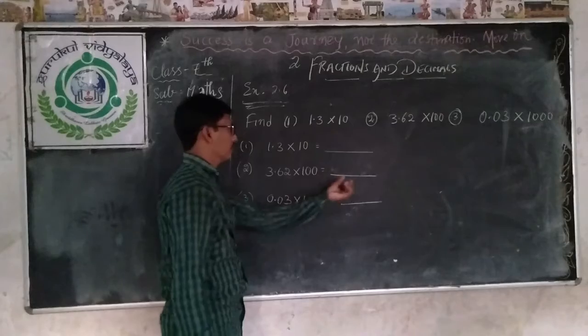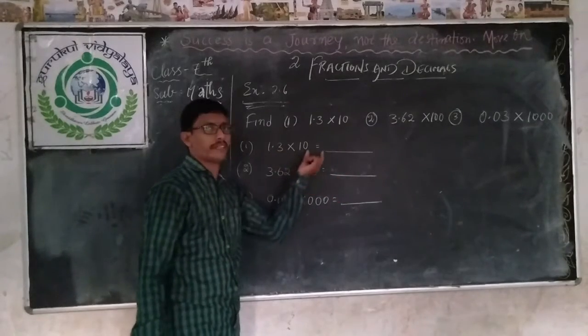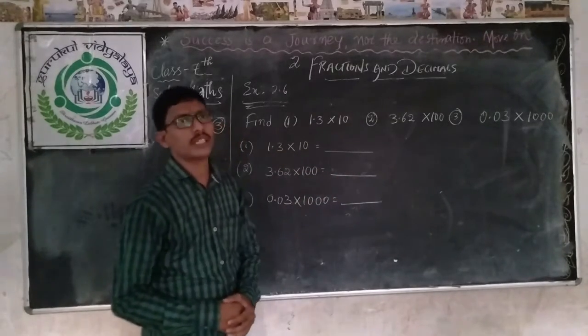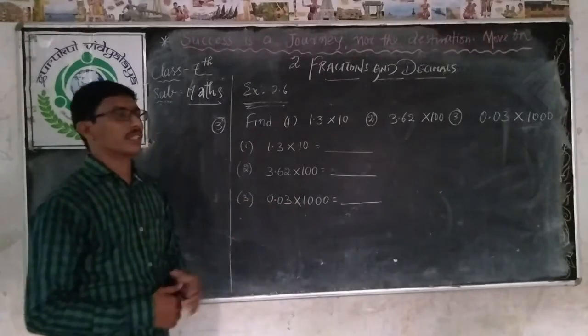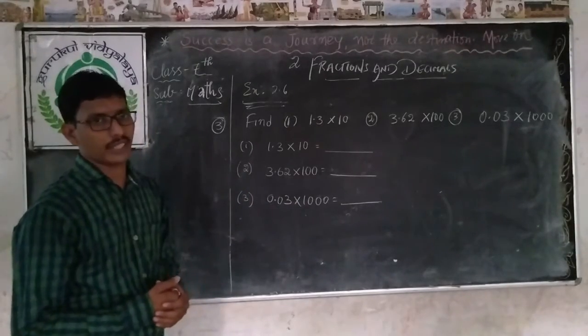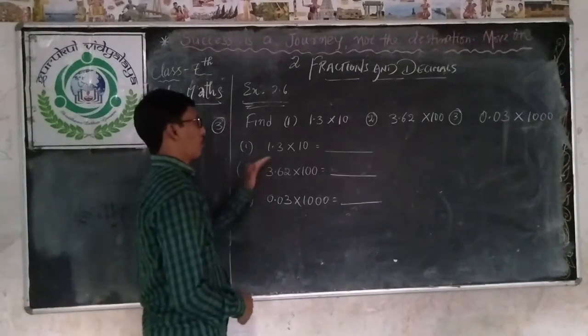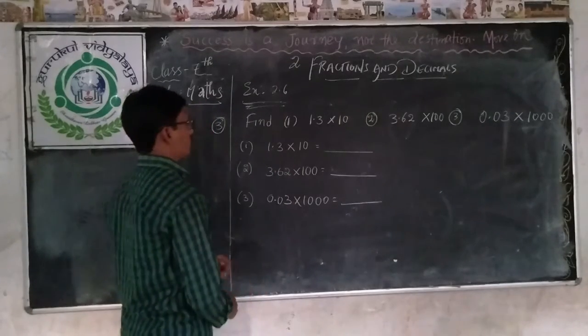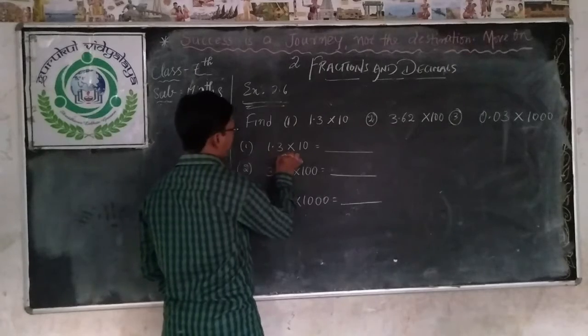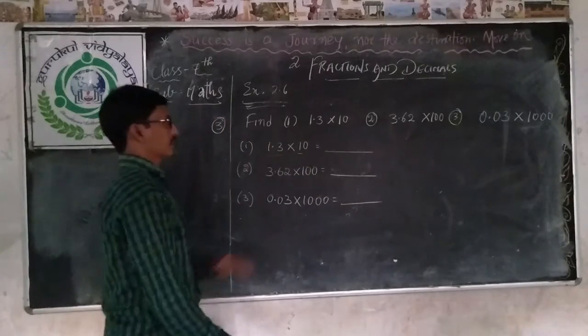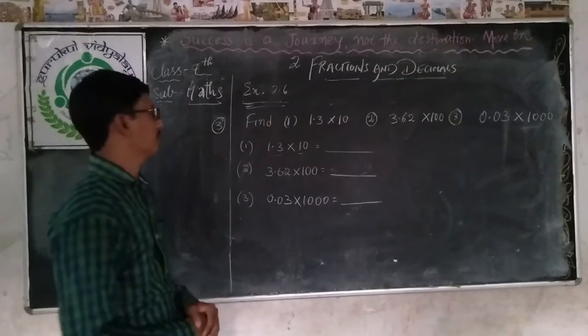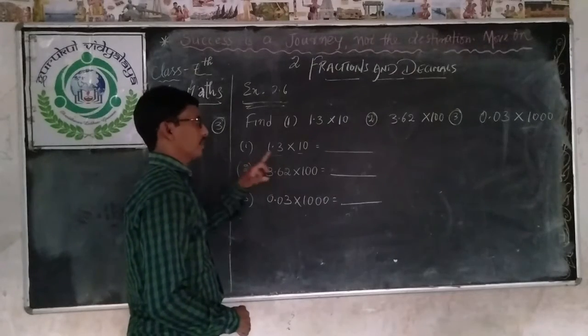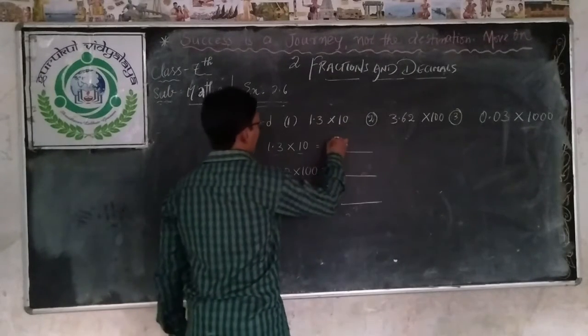See, there are three different problems given, but these decimal numbers are multiplied by tens, hundreds and thousands only. So these kinds of problems are completed in a single step of multiplication. So 1.3 into 10 is given. We just multiply this number. Just forget the point. So 13 into 1, how much? 13.